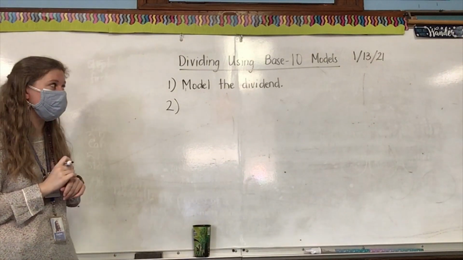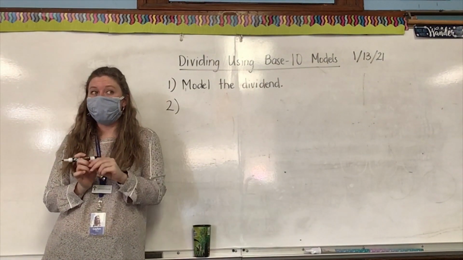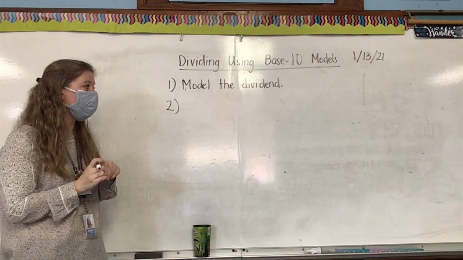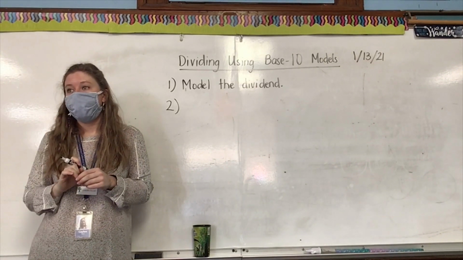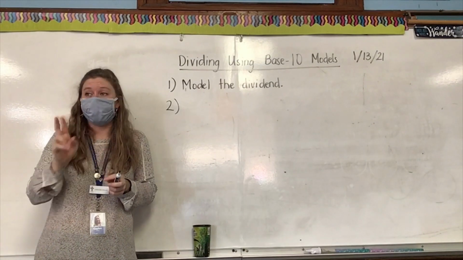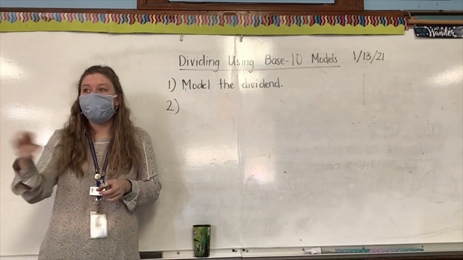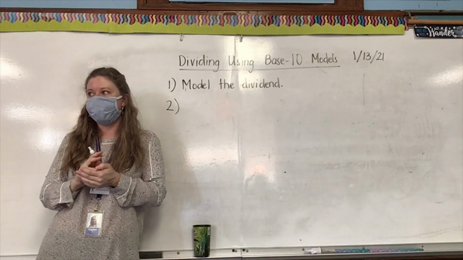We did something first because we can't do step 2 until we do something else. Mason? We don't model the ones. We don't even start with the ones in division. We don't divide the tens. Remember I said we did this before step 2. Step 2 is to model the tens or divide the tens, but we didn't do that yet. We had to do something before we could figure out how to divide the tens.